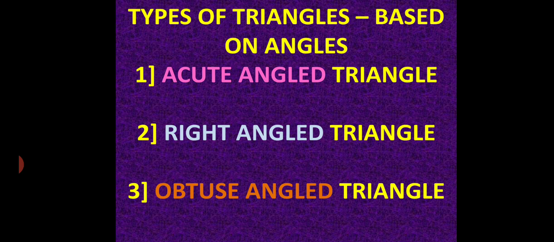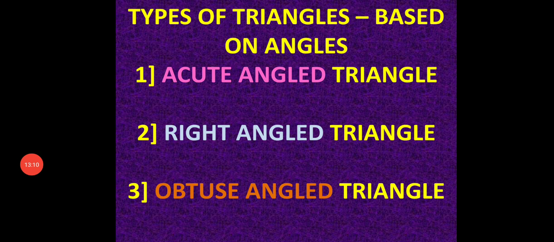And the third triangle that we learned here is an obtuse angle triangle. Remember that in an obtuse angle triangle, when only one angle measures more than 90 degrees and the other two measure less than 90 degrees, we call that particular triangle an obtuse angle triangle.